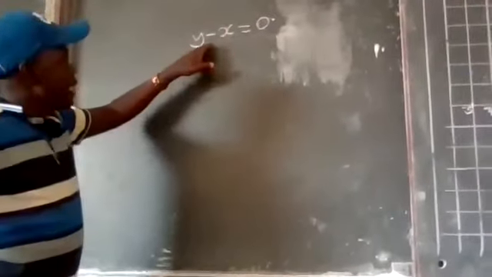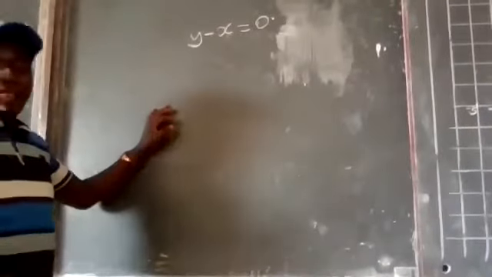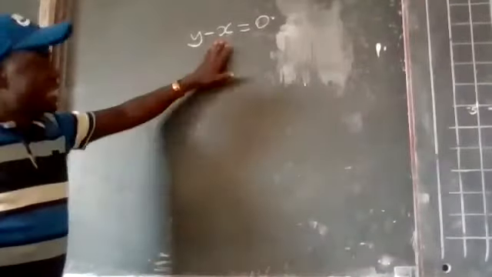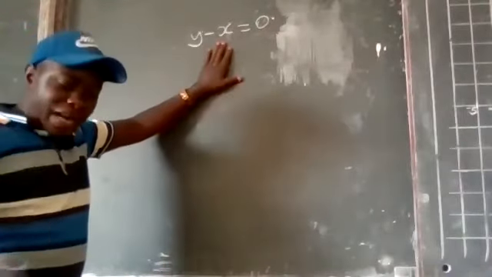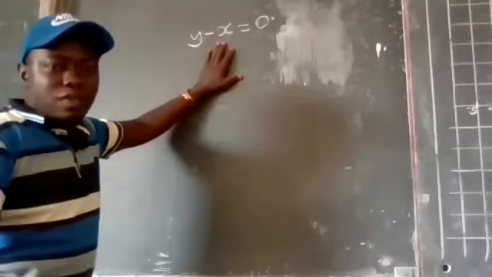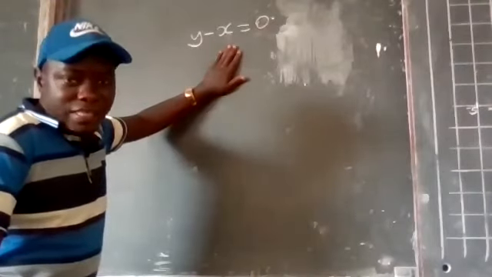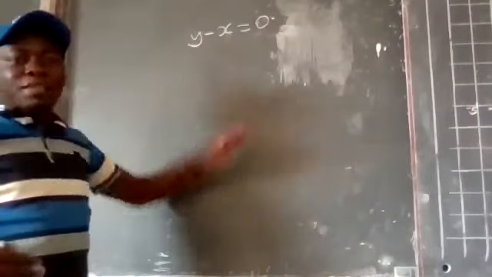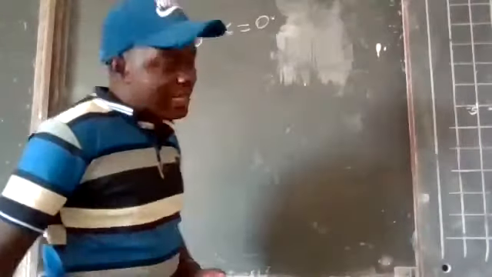So the line is y minus x is equal to 0. We are going to get 3 points on this line. I told you that a line can have like 1,000 points on it. We only need 3 of your choice. My points may not be the same as Mr. Sali's points exactly.